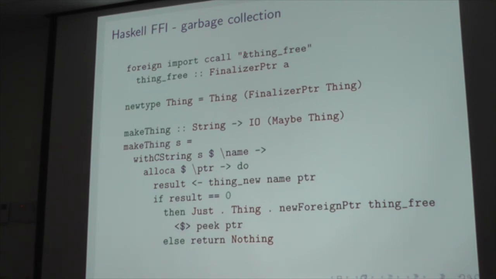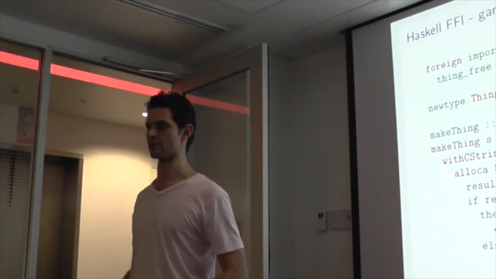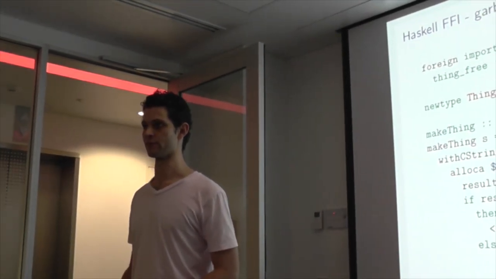What happens if you call a C function that takes 10 seconds to run, in terms of concurrency of the scheduler in the runtime? Use safe, and then you'll have no problems. You can use forkIO to have a green thread in Haskell. Call safe, and you're not going to have any issues at all.